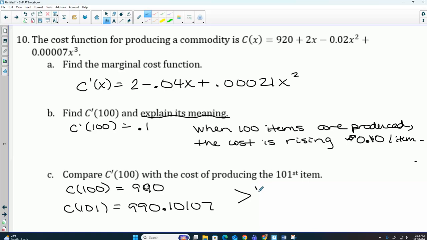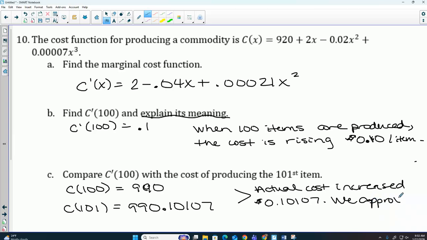So the actual cost increased just slightly over 10 cents. We approximated 10 cents. So we were very close to the increase.